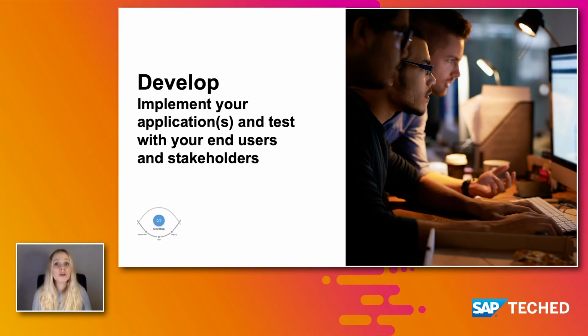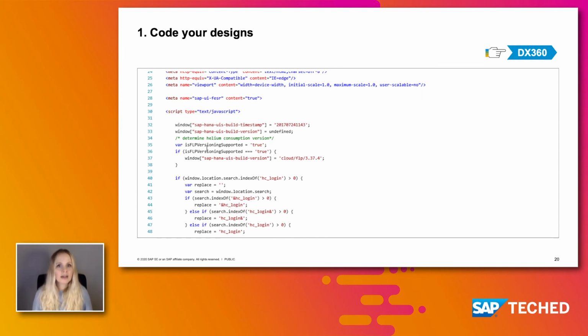Of course, during the development phase, you may still need to change some aspects of your design to incorporate ongoing feedback, to optimize the app, to allow for technical constraints. So yes, the design can change. And after some magic, you have your first implementation of the application.